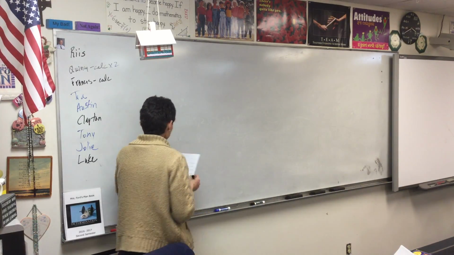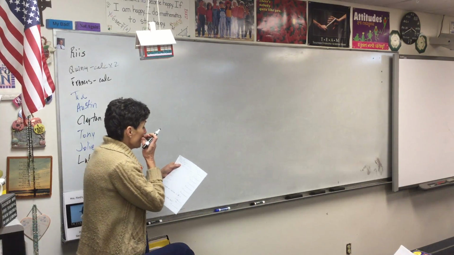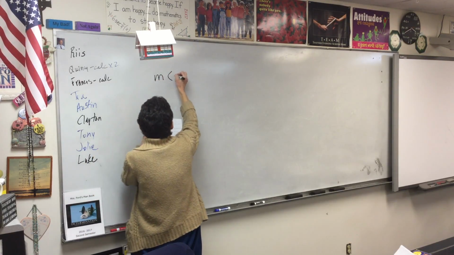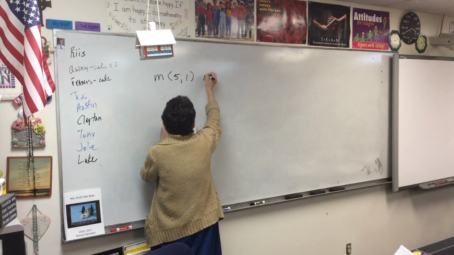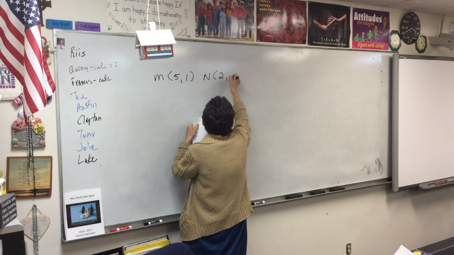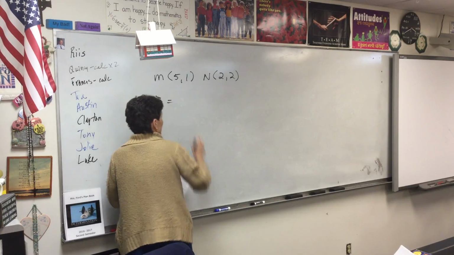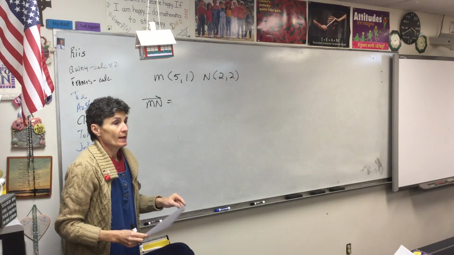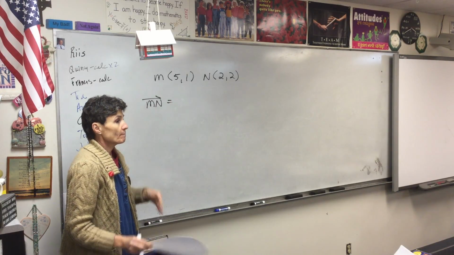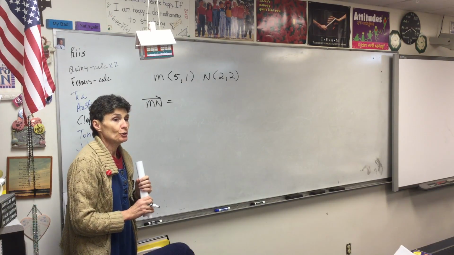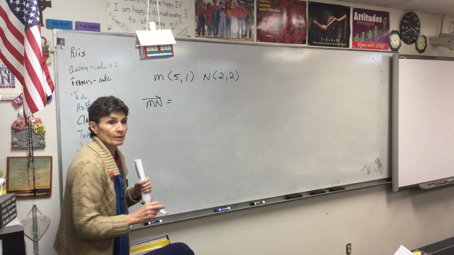All right, so here we go. Number 1. We are given 2 points, and we have to find the coordinates of MN. So this is the vector that goes from M to N. Okay?